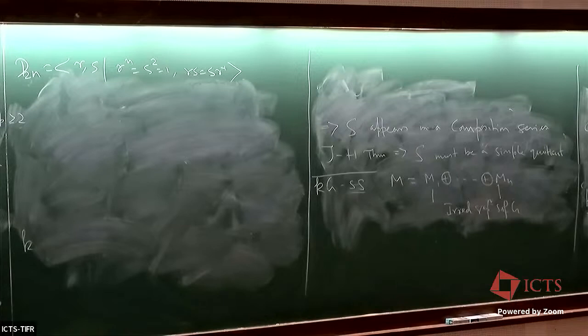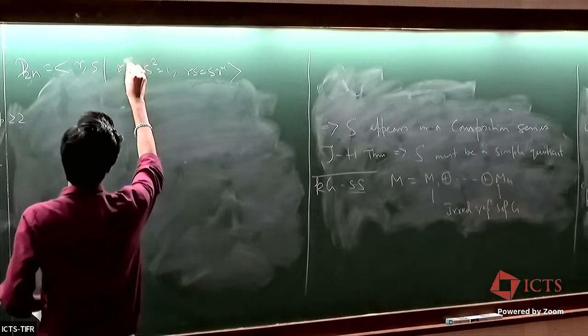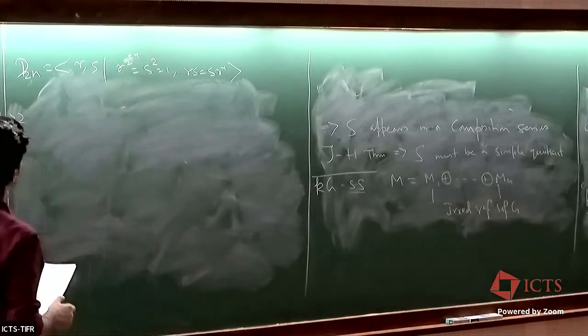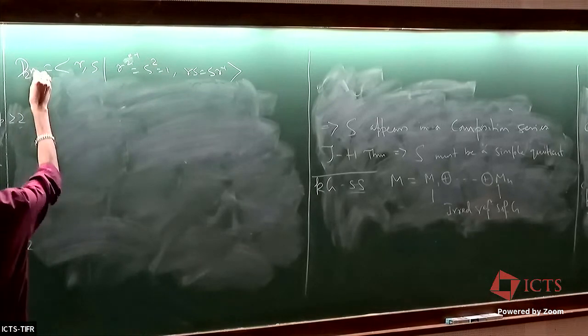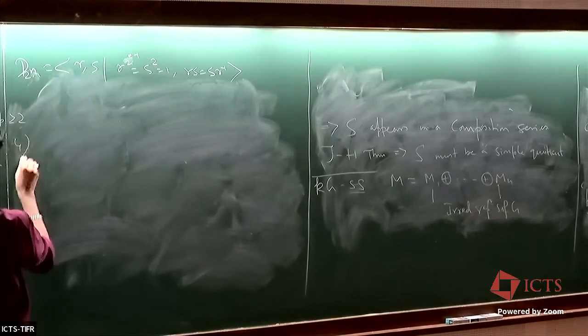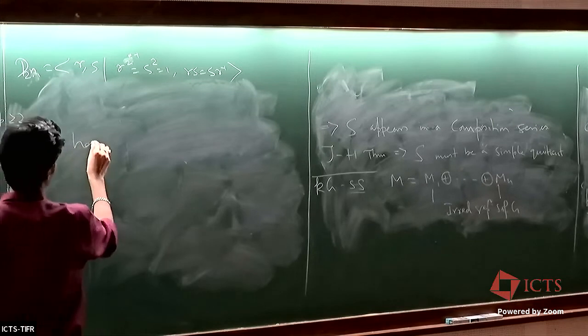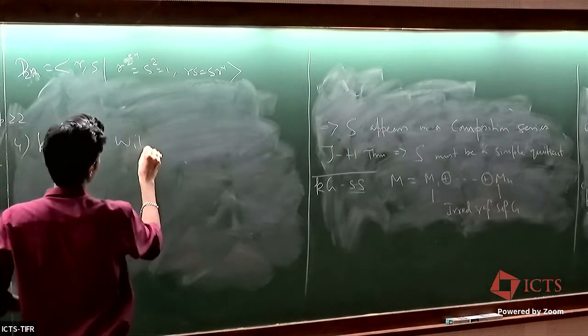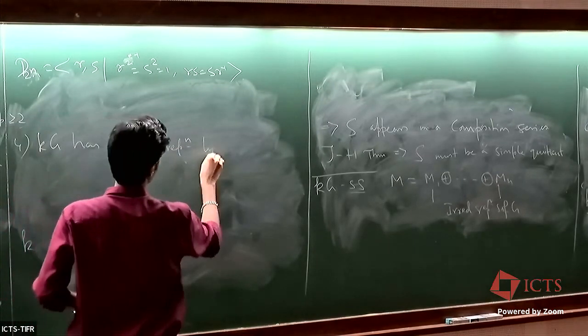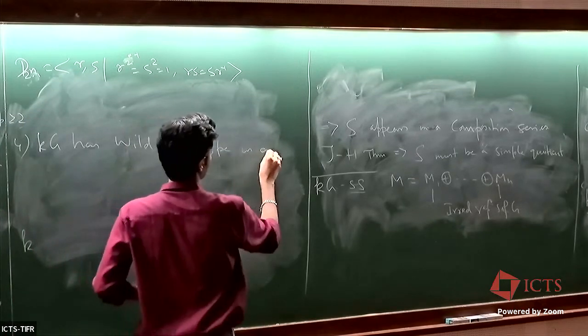Okay, n could be some power of 2. Okay, I got your concern. If you want that, fine. Okay, and KG has wild representation type in all the other cases.